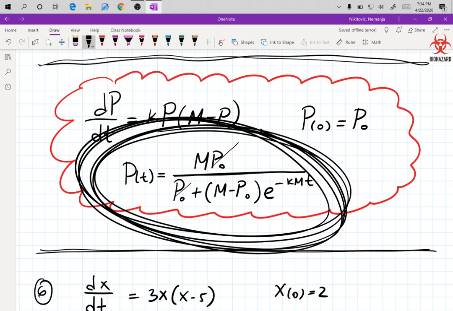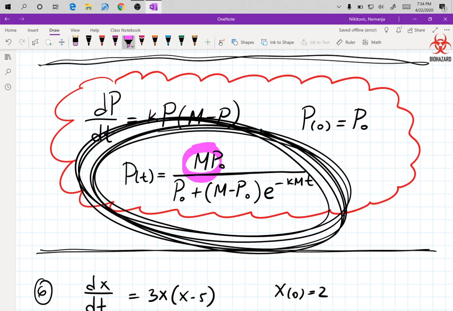And then all of this, m minus p0 over p0, would be that a, right? That's in front of e. So it's very easy to convert this formula into the formula that you see in your equation. Why am I showing you this formula? I am showing you for one particular value, and that's this m.